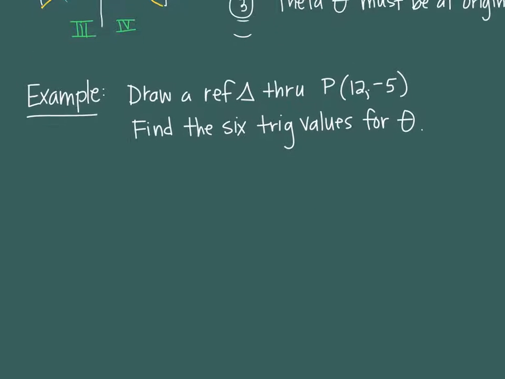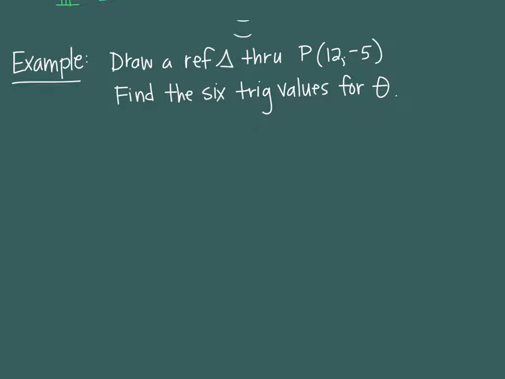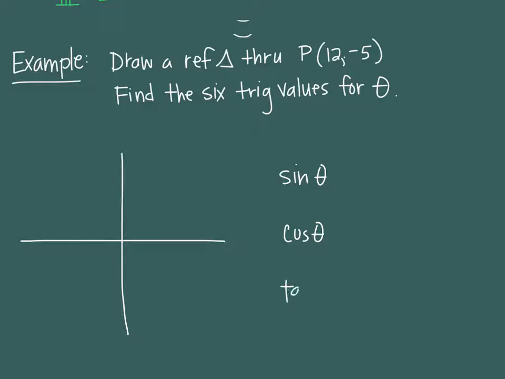We're going to do a little setup here before we get going. We know we have to draw a reference triangle, so we're going to make ourselves a grid. Like I said, you don't have to use graph paper, just at least a grid, but you do need to draw it. And then we're going to find the 6 trig values, so I'm just going to get myself set up here. Sine theta, cos theta, tan theta.